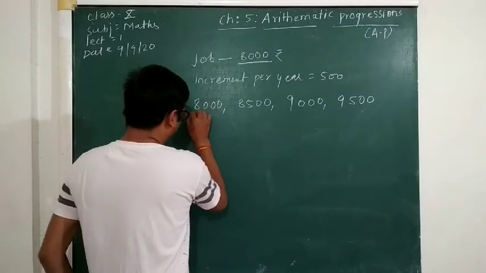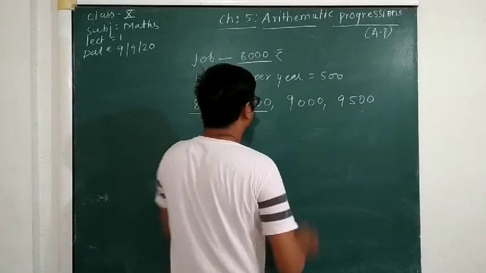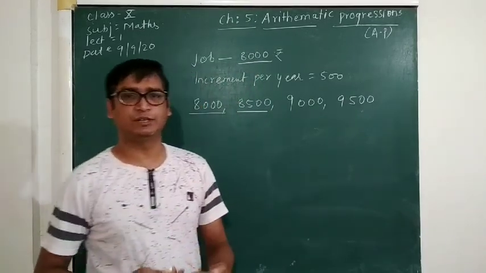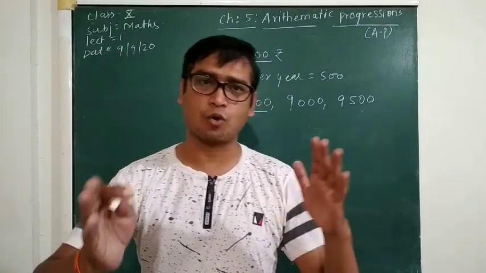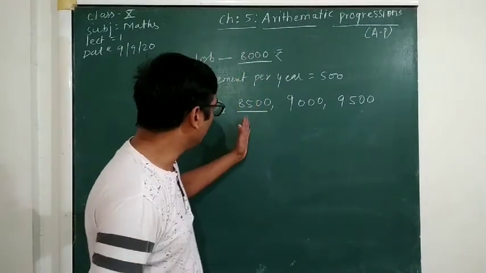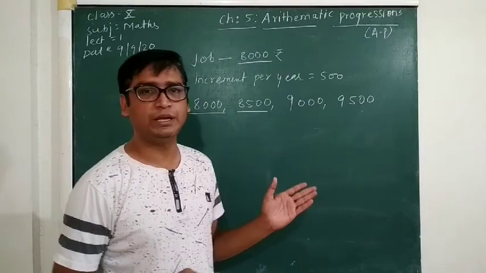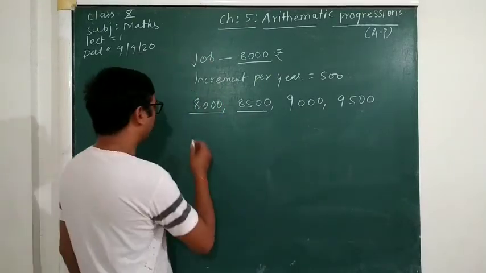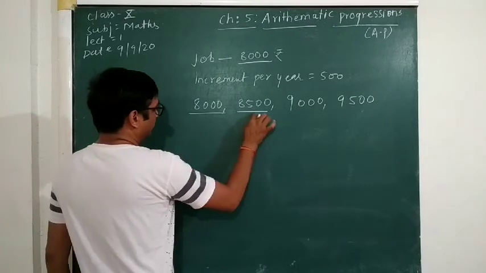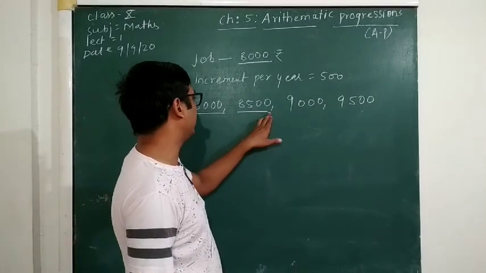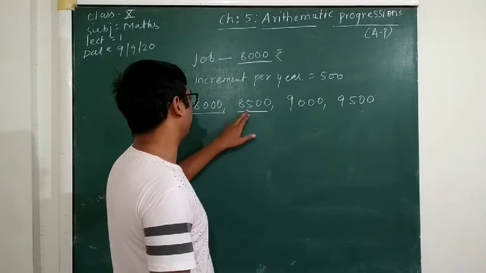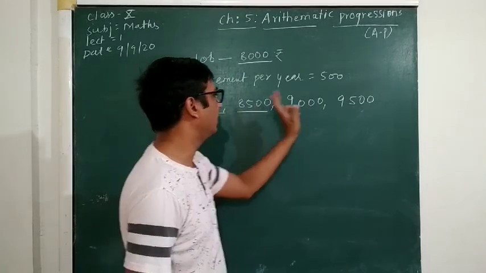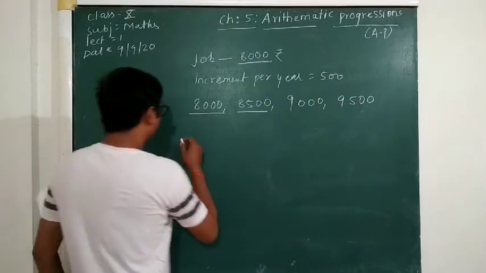So if such data increases after a regular interval of time and the common difference between all the terms is found to be the same, how do we find the common difference? We can take the second term minus the first term, third term minus second term, fourth term minus third term.